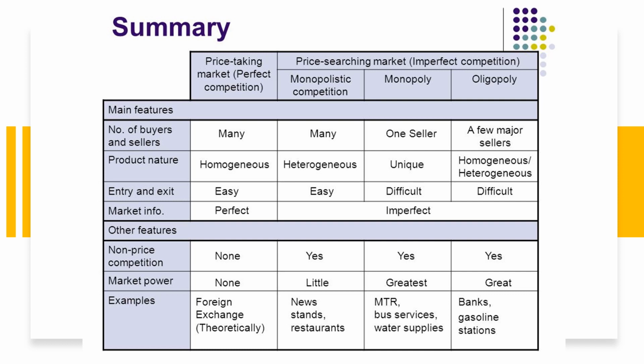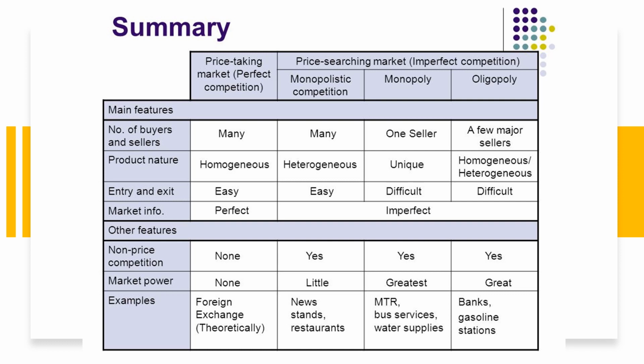They are price takers. In monopolistic competition, there's a little bit of market power, but if you push on price too much, you still lose your customers. But compared to perfect competition, if you raise the price slightly, you lose all your customers because everybody has perfect information. Everybody knows what's going on. In monopoly, you have a lot of market power.